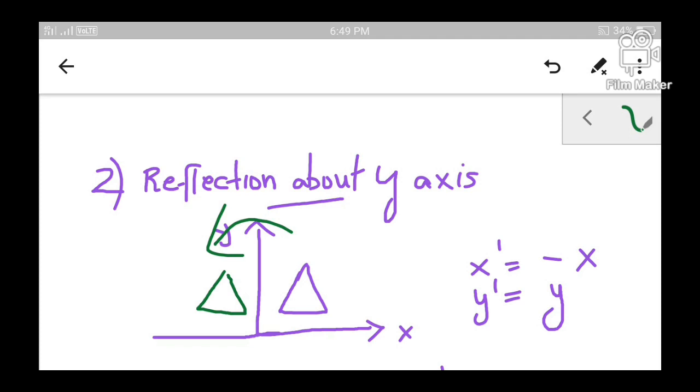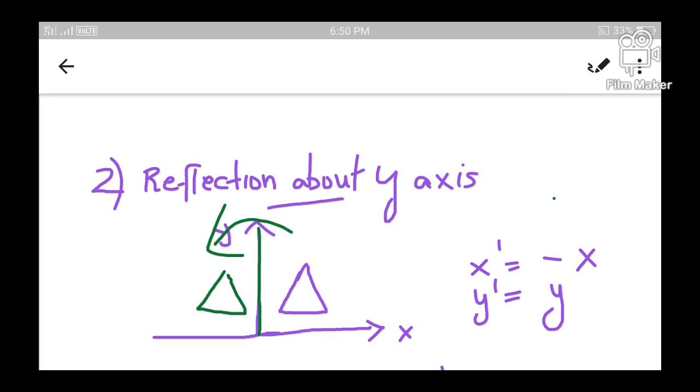So the object transition occurs from first quadrant to second quadrant. What is the relationship between the first quadrant and second quadrant? Yes, in both these quadrants the y values are the same. That means there is no change in y values. All those points in the initial object will have the same y values even after reflection.